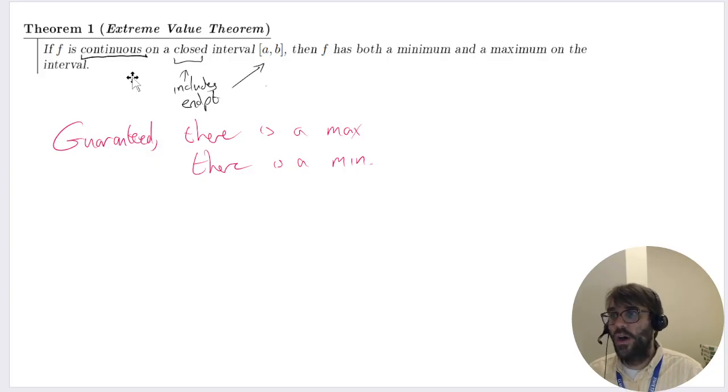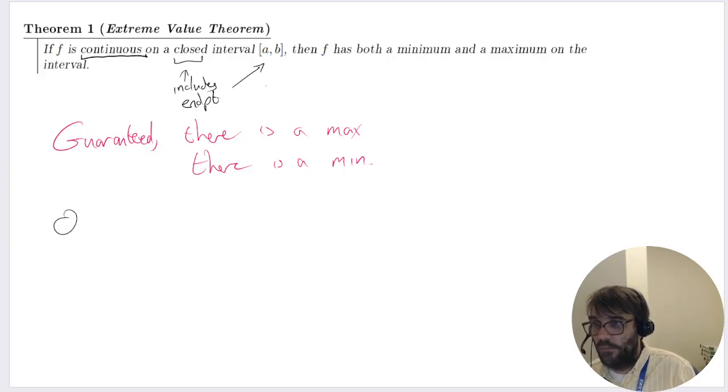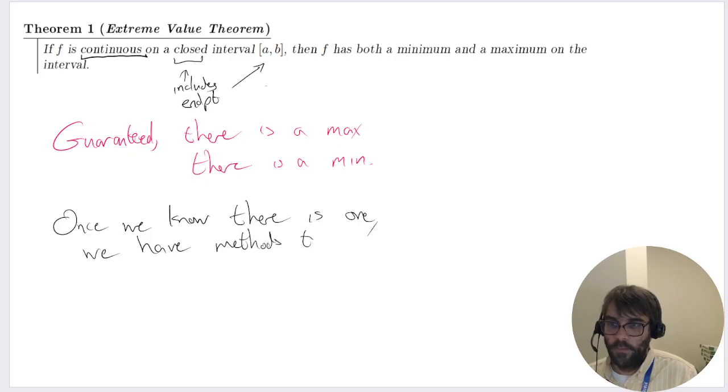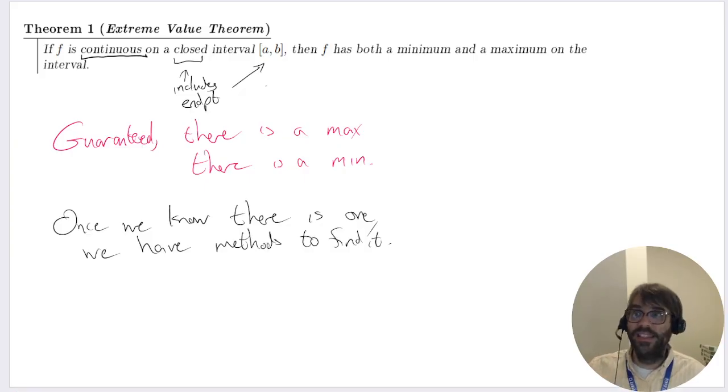And here's the thing, once we know there is one, we have methods to find it. And so that's why this is actually one of the more, if not the most important theorems in all of mathematics.